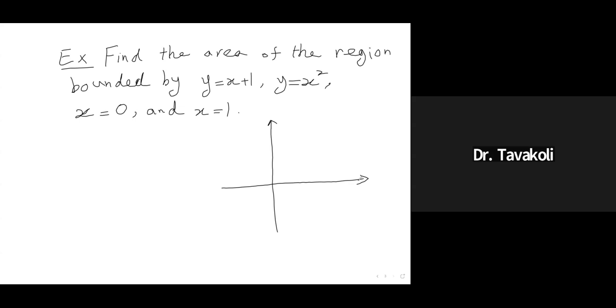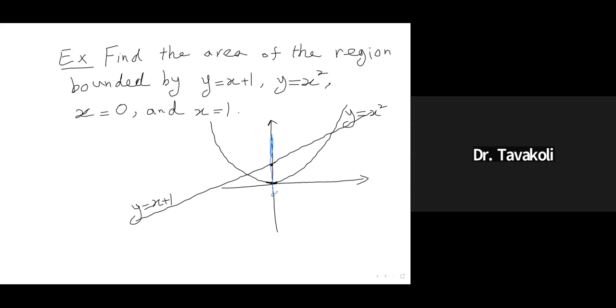So y equals x squared, as you know, is a parabola, looks like this. So this is y equals x squared. Y equals x plus 1, as you know, is a line. Suppose this is the line that gives us y equals x plus 1. X equals 0 is the vertical line passing through 0.